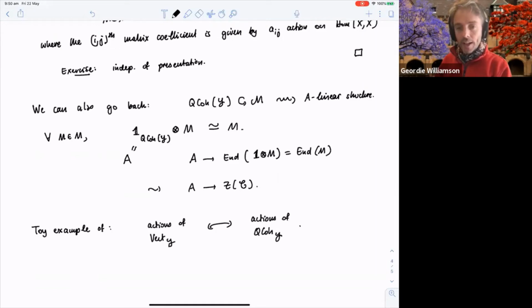It's in order to have actions of quasi-coherent sheaves that we need some kind of inductive limits.